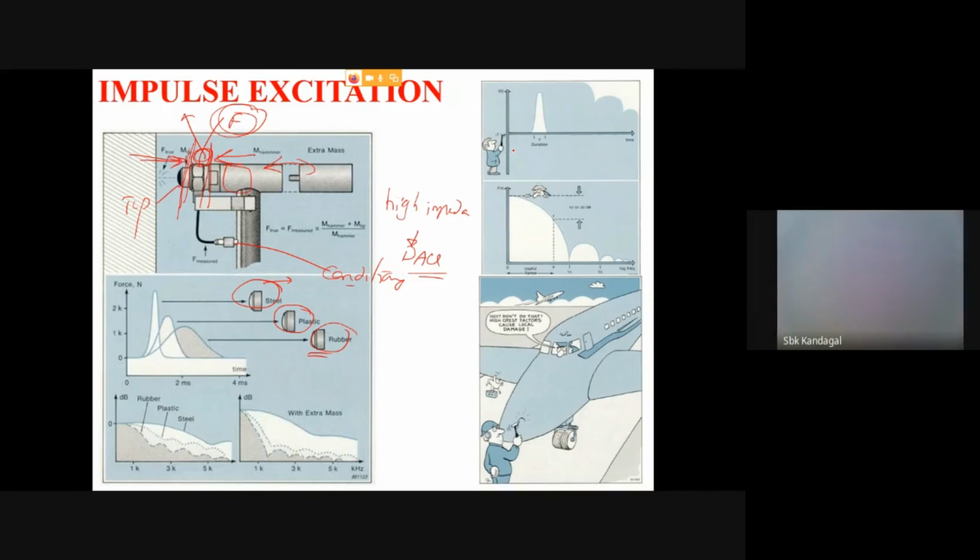So typically, whenever you use a hammer, try to see that the energy doesn't drop by more than 20 dB. Okay, otherwise for the higher modes, the energy is not sufficient to excite. That's what one can observe here.